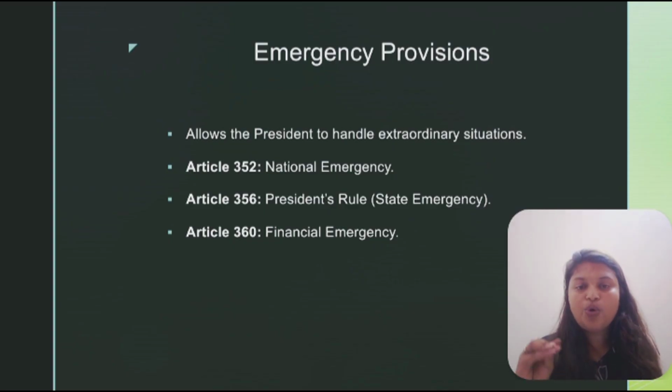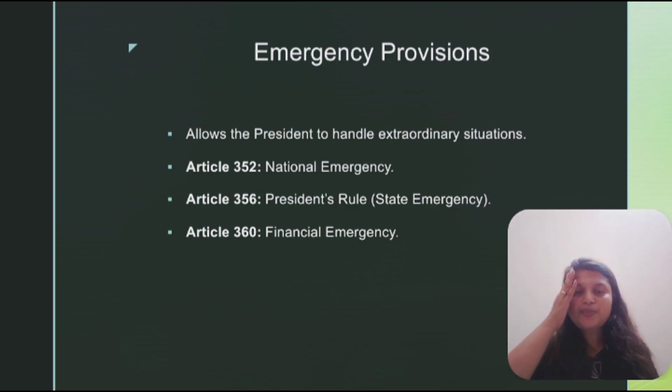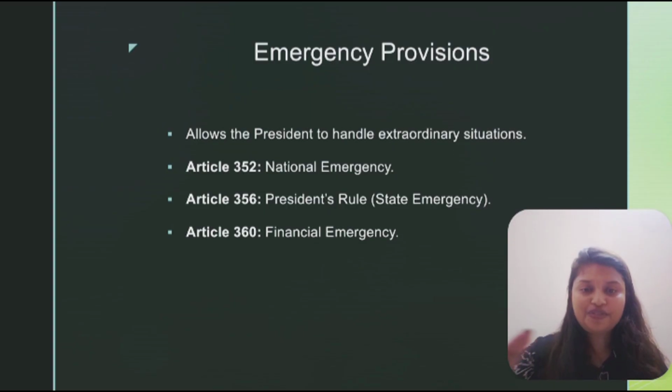Article 352 of our Constitution deals with national emergency, Article 356 gives us state emergency, and Article 360 deals with financial emergency. These are the 3 types of emergencies that we have in India, provided through the Constitution. These emergency provisions are adopted from the Government of India Act of 1935.